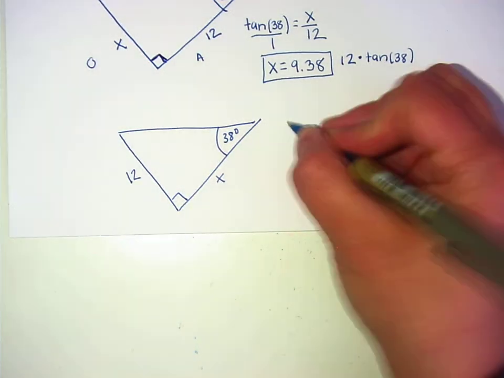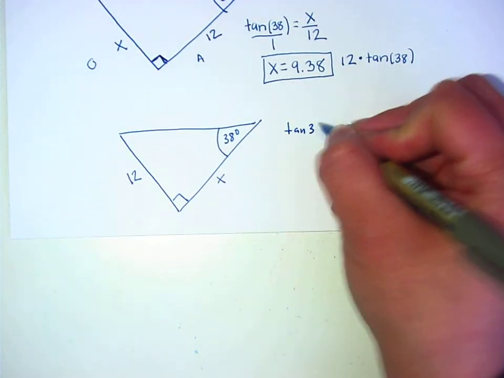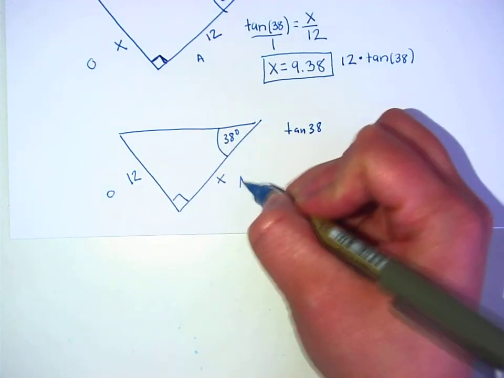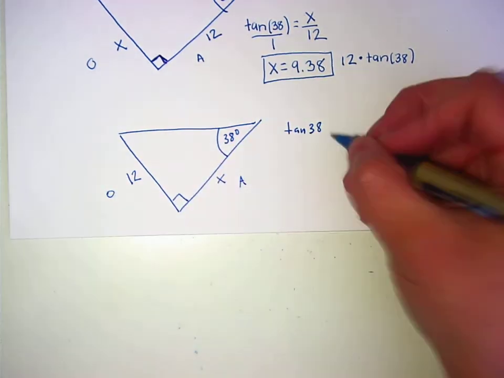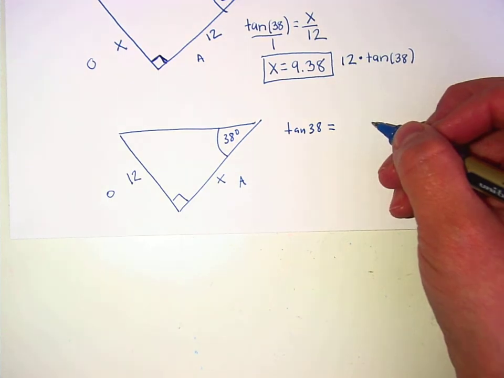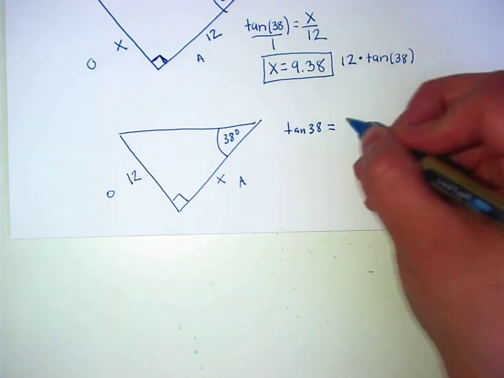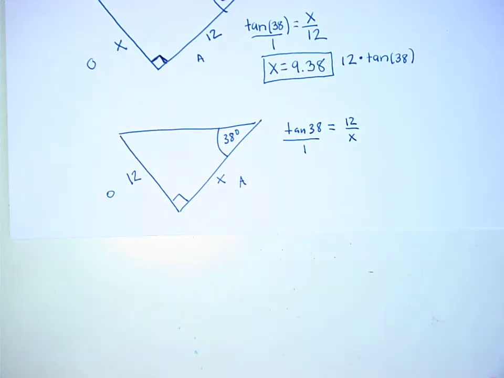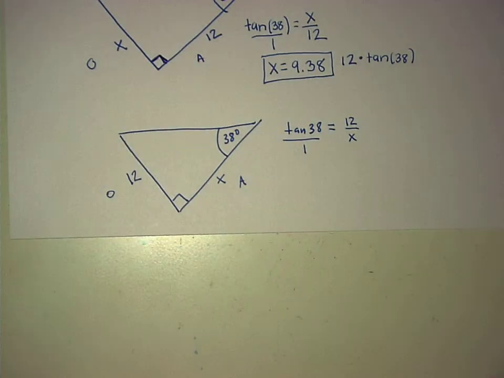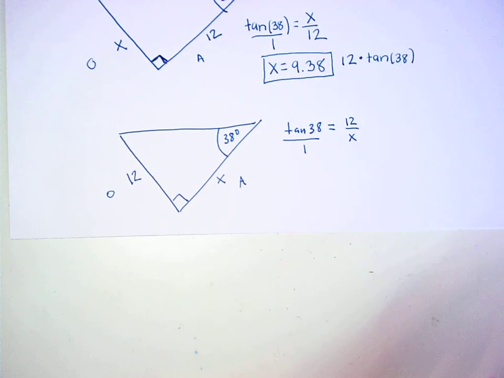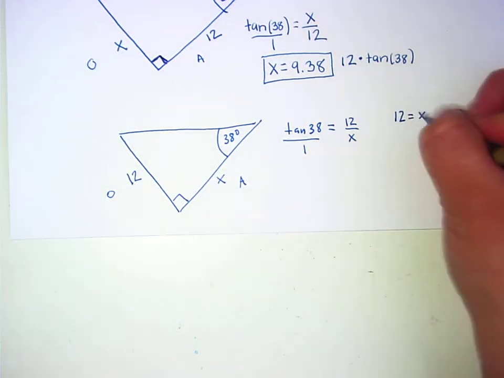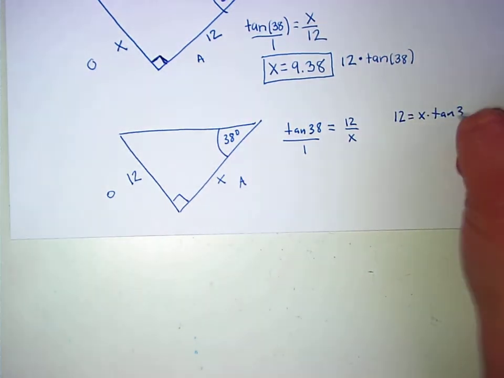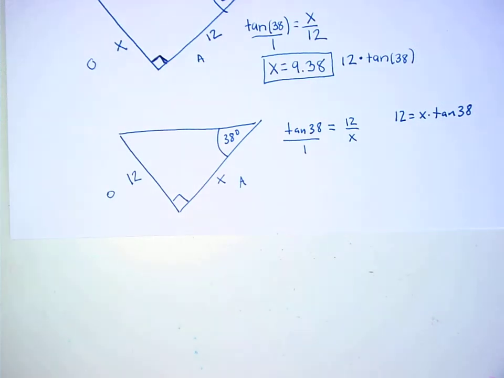Do you see how this is still a tangent problem? This is still tangent of 38 because this is the opposite side and this is adjacent, right? Tangent of 38 equals what? 12 over x. Do you see if you cross multiplied, you wouldn't take 12 times tangent. You would take 12 times 1, and that would equal x times the tangent of 38. And then to get x by itself, what would you do?